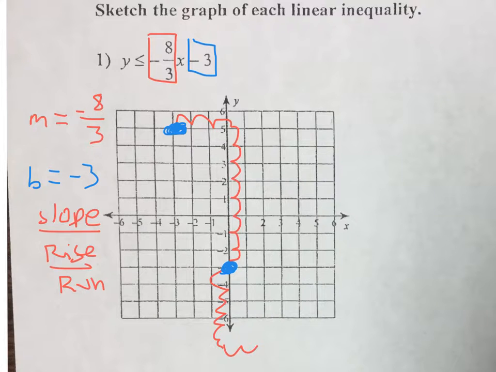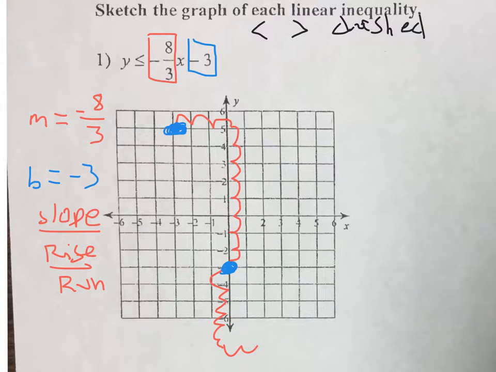So now we need to decide what kind of line we want to connect these dots with. Is it going to be a dashed line, or a solid line? If you have an inequality sign with a less than or greater than with no line under it, that is going to be a dashed line.